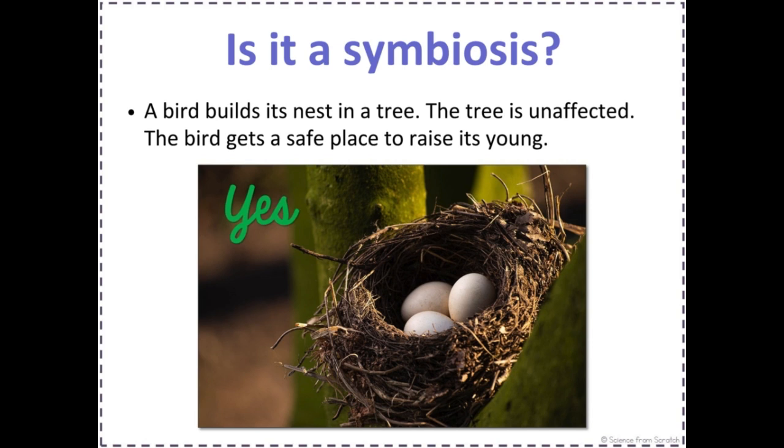The tree is unaffected, meaning that it's not being harmed, it's not benefiting from it, it's just kind of like whatever. Whereas the bird is like, yay, I have a place to put my nest. So the bird would be benefiting here. This is what we call a commensalism relationship. We'll talk about that later.